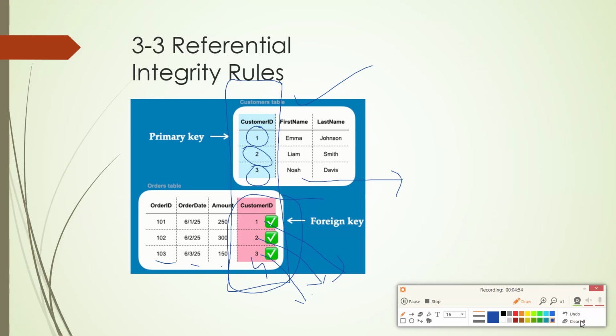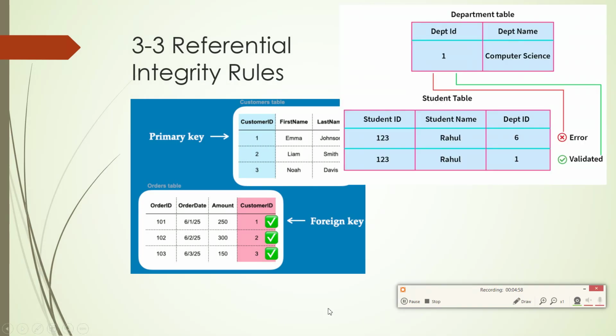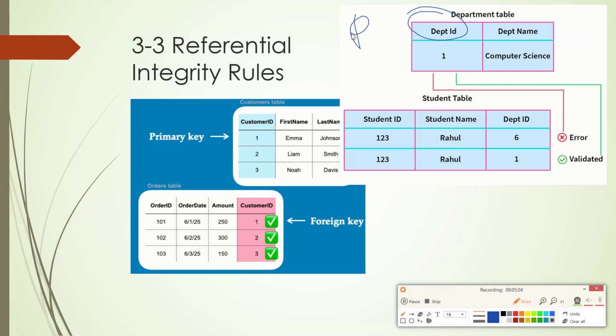Now let's check a few violations from different example scenarios. Here we have the department table with the primary key department ID. Only one department has been recorded. But here in the student table, one student has been added to department number 6.